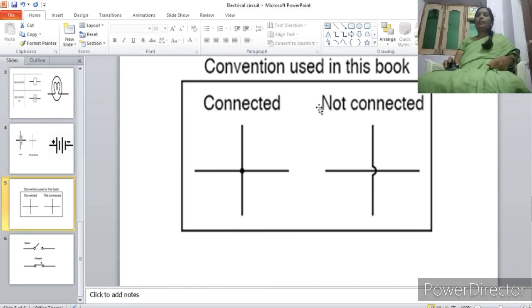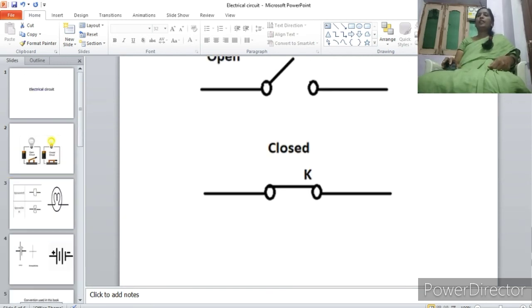Then the symbol you need to show like this with a plus sign. When the wires are not connected to each other, then a small curve will come in the middle. So the first symbol is when the wires are connected to each other, and the other symbol is when the wires are not connected to each other. When you are perfect in symbols, in a simple way you can draw the electric circuit.